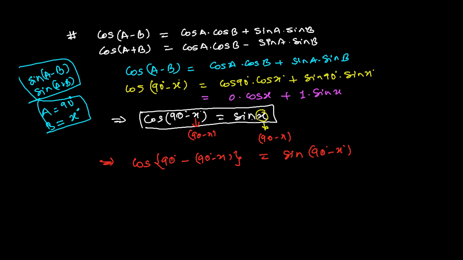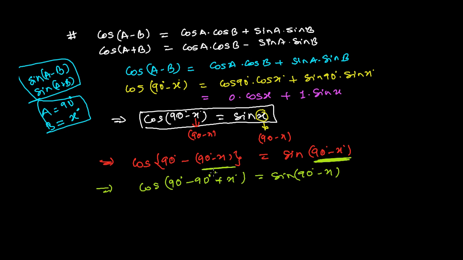So sine of one angle is cosine of 90 minus that angle. Now if I'm opening this bracket, then it will be cosine of 90 degrees minus 90 degrees, and this minus minus will be plus x degrees, and it will be sine of 90 degrees minus x.